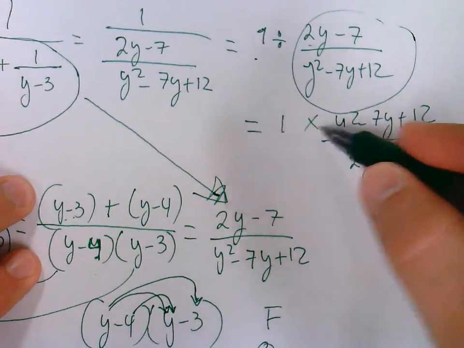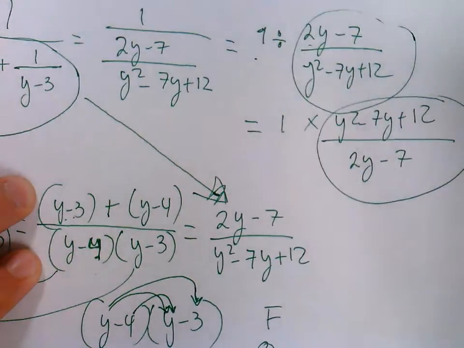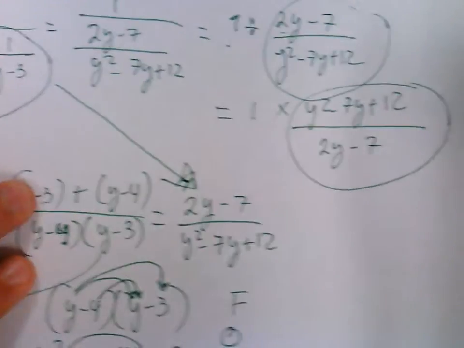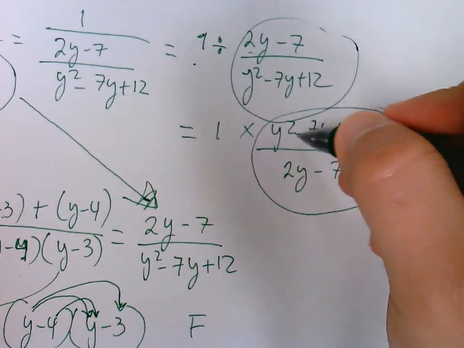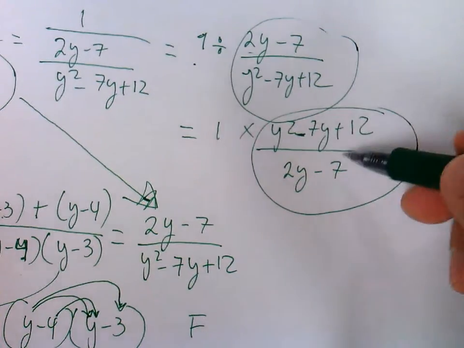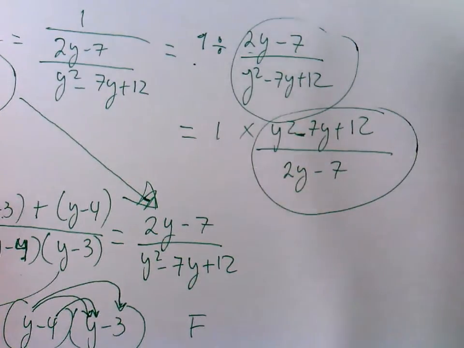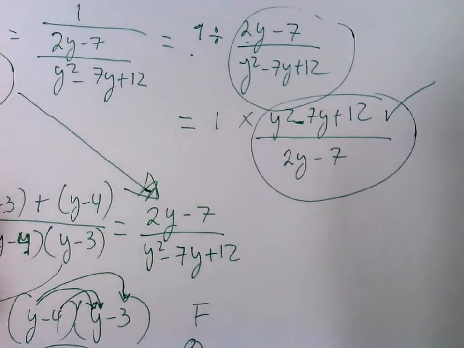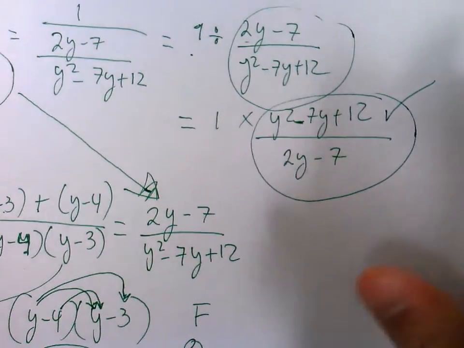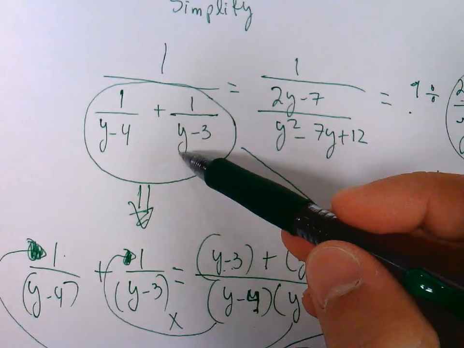We know that 1 times anything is just that. So my final answer is y squared minus 7y plus 12 divided by 2y minus 7. And this is the simplest form of all of that.